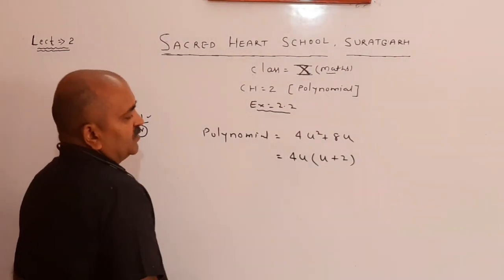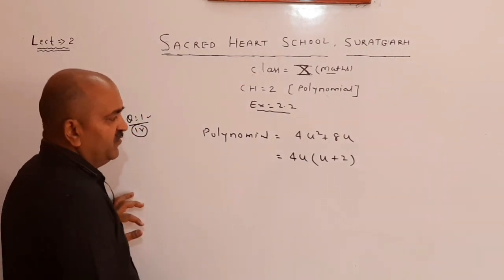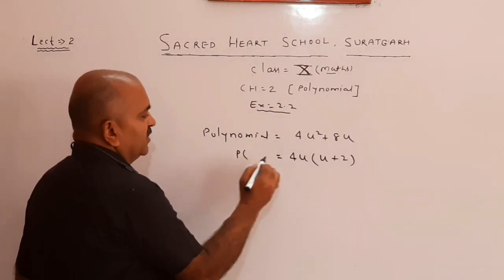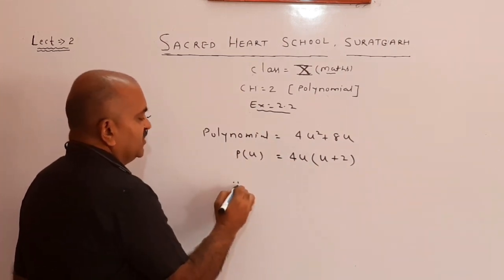After that, students, now we find zeros of this polynomial. Because this polynomial is in terms of u, we write p of u. Now we find zeros.